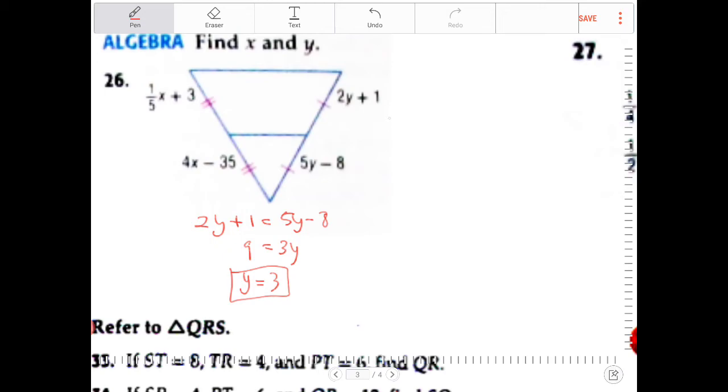1/5 x plus 3 is equal to 4x minus 35. Add 35 to both sides, I get 38. Subtract 1/5 x from both sides, I get 3 4/5, or I end up with 19/5 x.